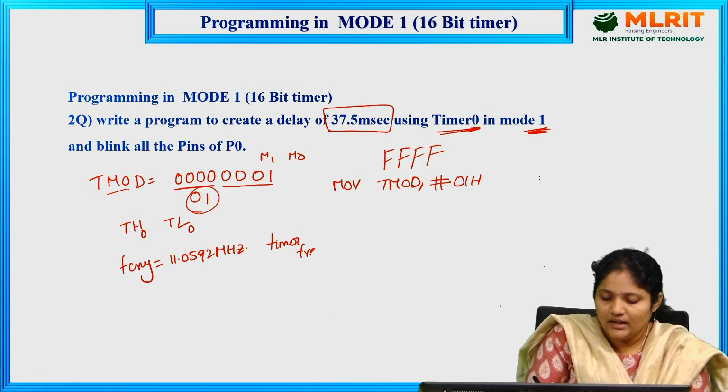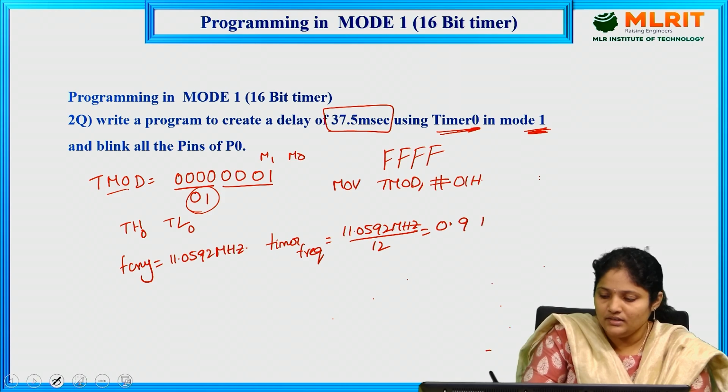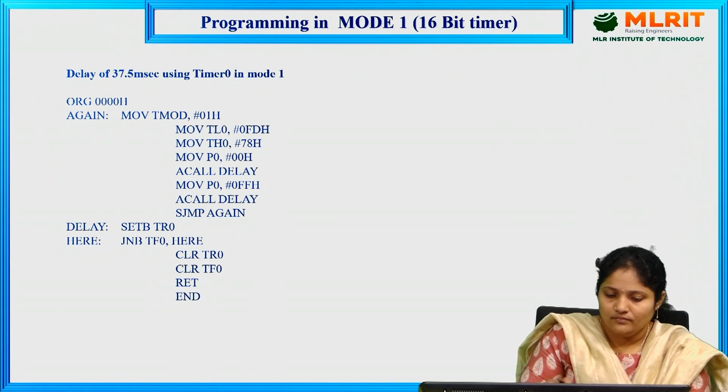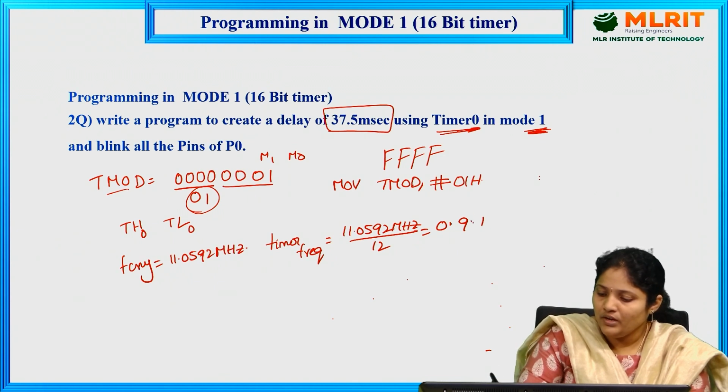What is the timer's frequency? The crystal frequency divided by 12 is equivalent to 0.9216 megahertz.